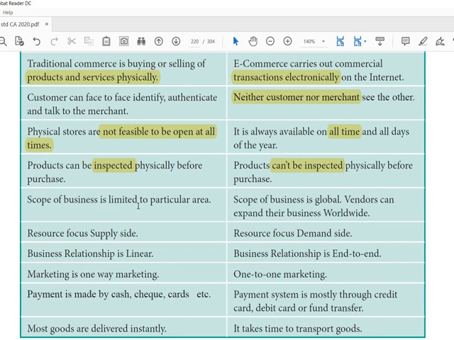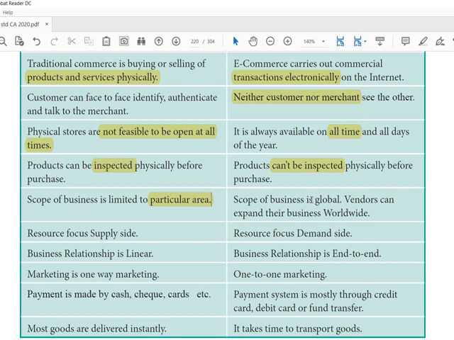In traditional commerce, the scope of business is limited to a particular area. Yes, if a person has a shop in Trichy or Chennai, the business is available only in a particular area, because a person in Kanyakumari will not travel to Trichy to buy a product.